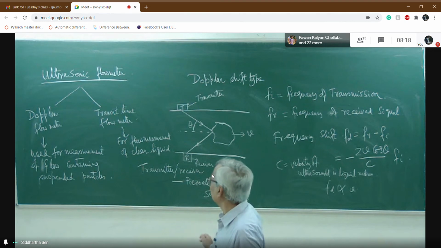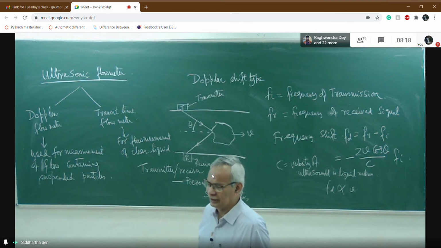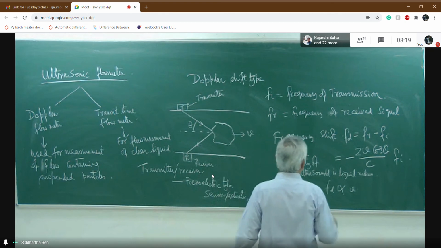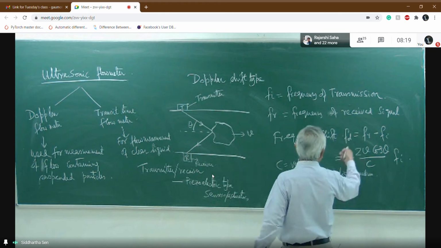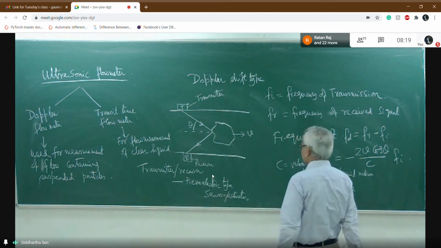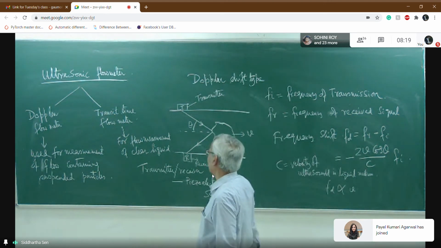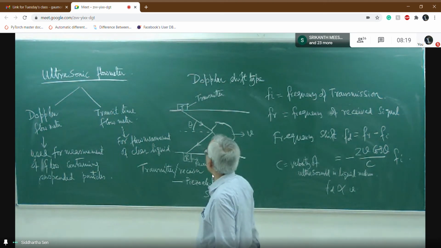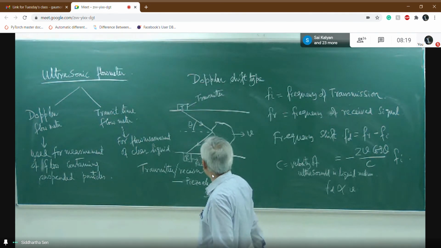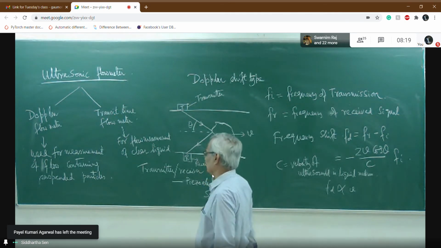Definitely we have to take more hardware circuits to measure accurately, and also to judge whether the frequency shift is positive or negative, another hardware circuit. That's why ultrasonic flow meters are costly, because the associated hardware is much more costly.